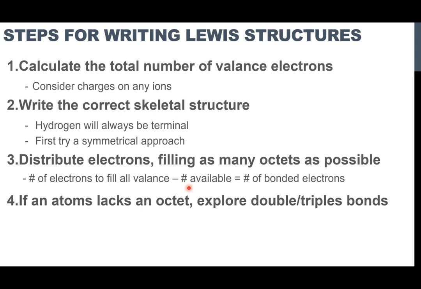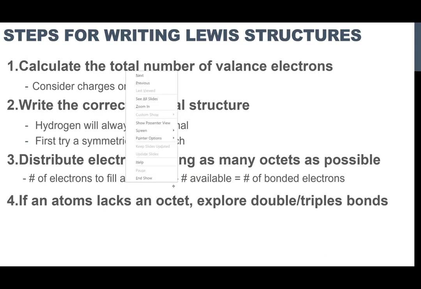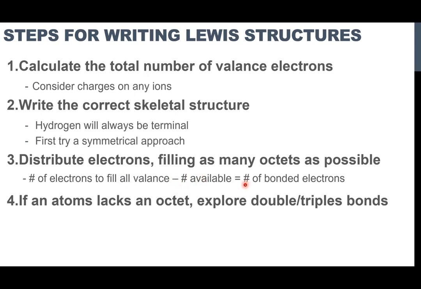We already do this. This is the number of electrons that was brought to the party, or that's available at our disposal. That's the number we've been calculating. So the number to make everybody happy minus the number available will tell us how many electrons are bonded. Okay, so how many electrons are in a bond.